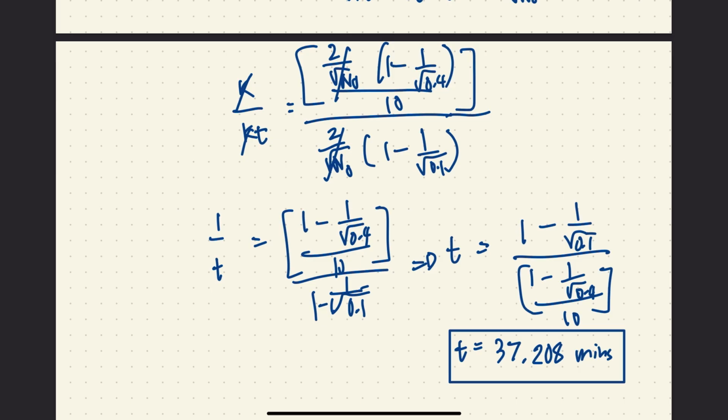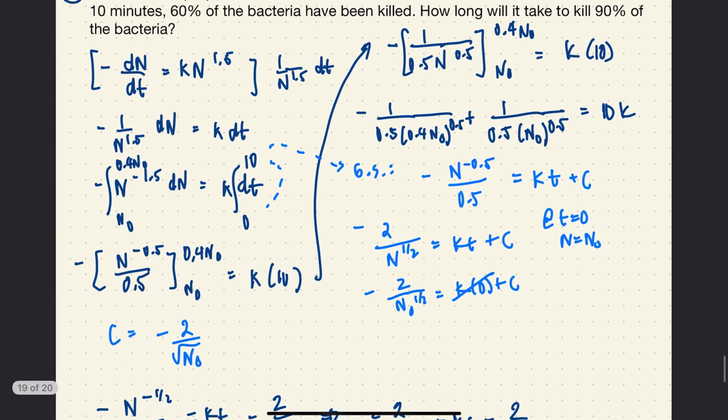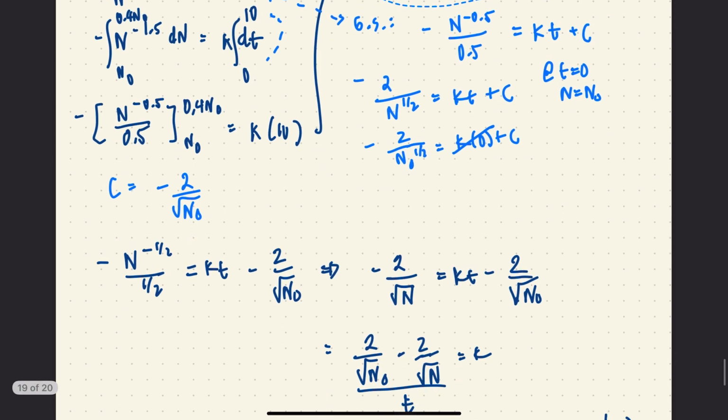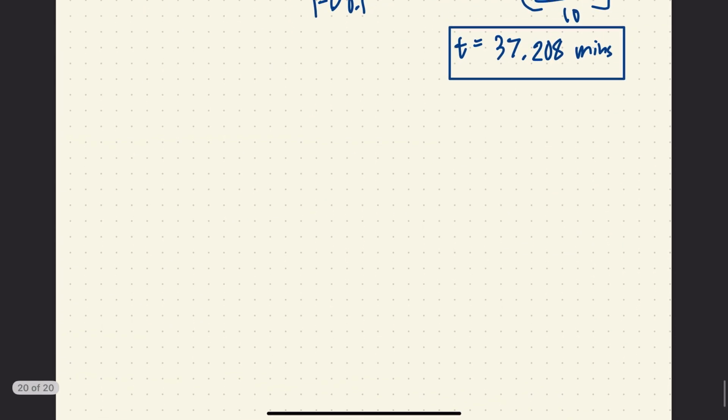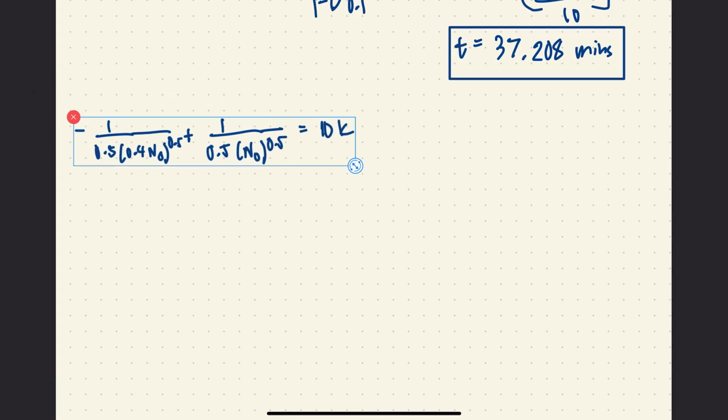If in any case you would like to continue from this point, it's still possible here. So try to continue from here. We can actually factor out n0 raised to 0.5.